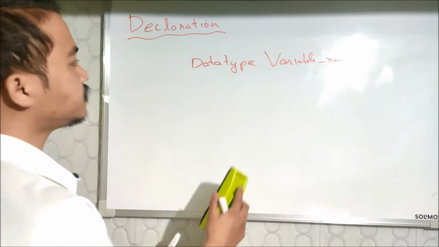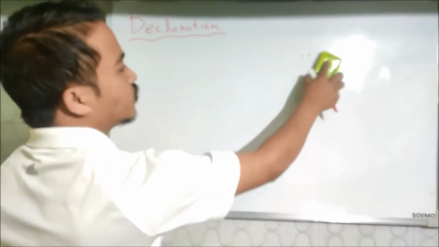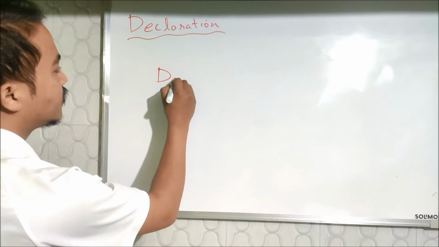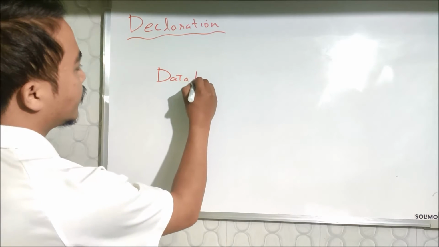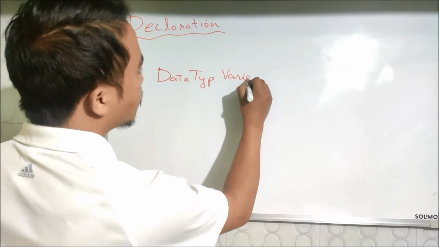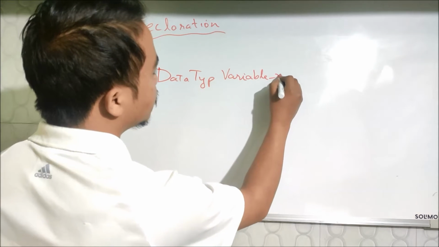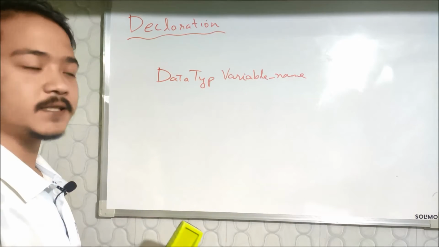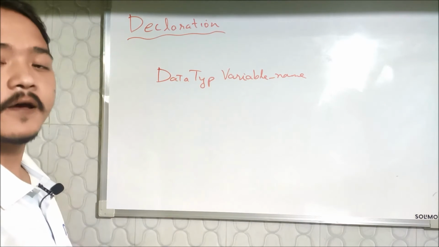I don't know if you can see, the light might reflect, so I will write it here. Data type and variable name.